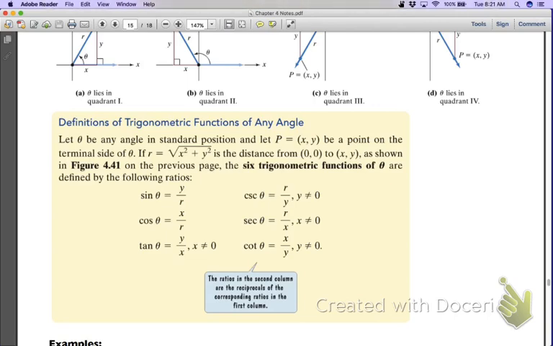Remember, sine goes with y, cosine goes with x, and tangent is sine over cosine, or y over x.